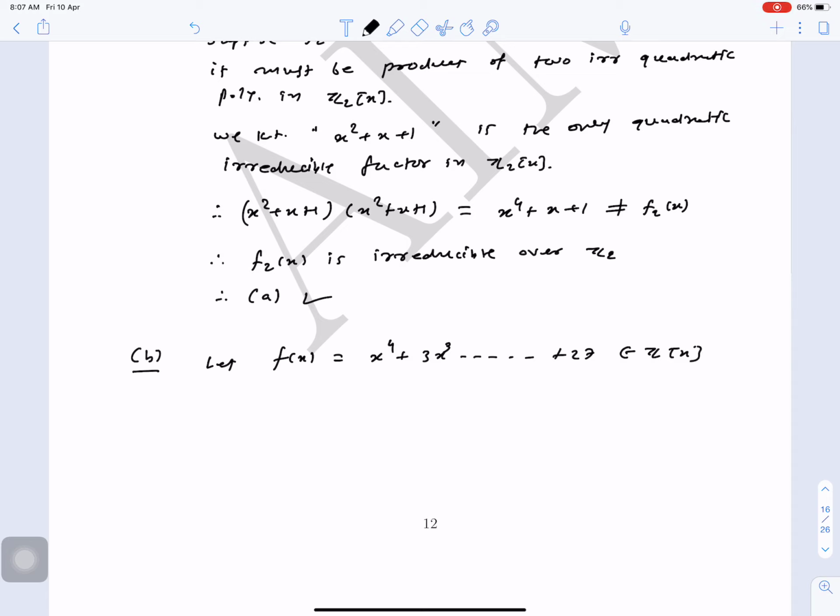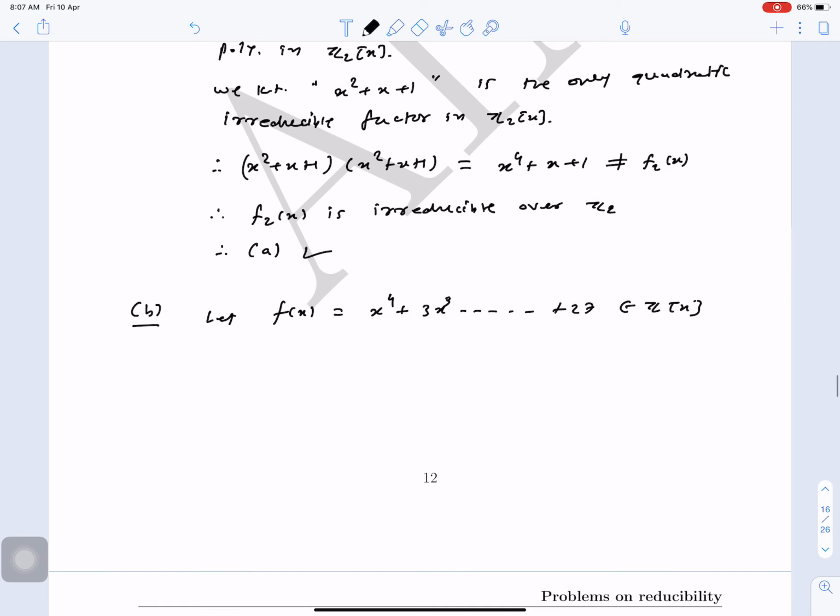It is given. Now I want to check its reducibility over Q. So now you consider f2(x) belongs to Z2[x].